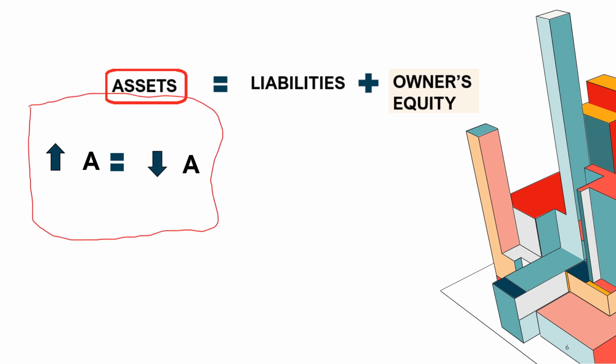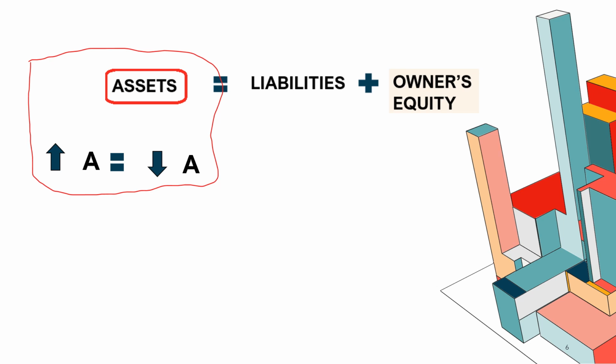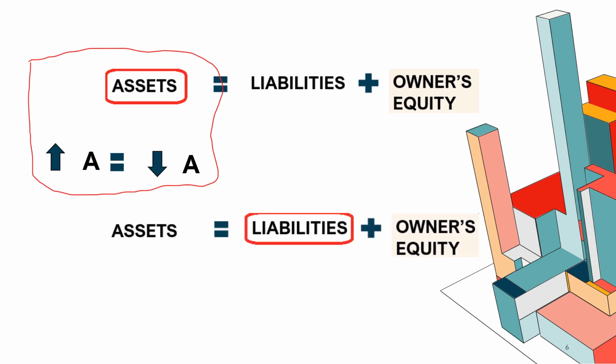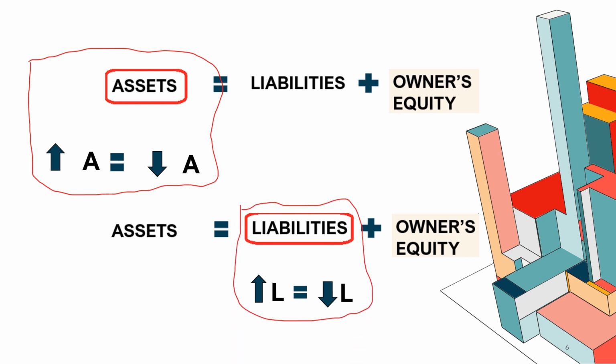Next equation that we can show: we have assets equals liabilities plus owner's equity, in which the transaction pertains to liabilities. An increase in liabilities is equal to a decrease in another form of liability. So that's actually equation number 6.